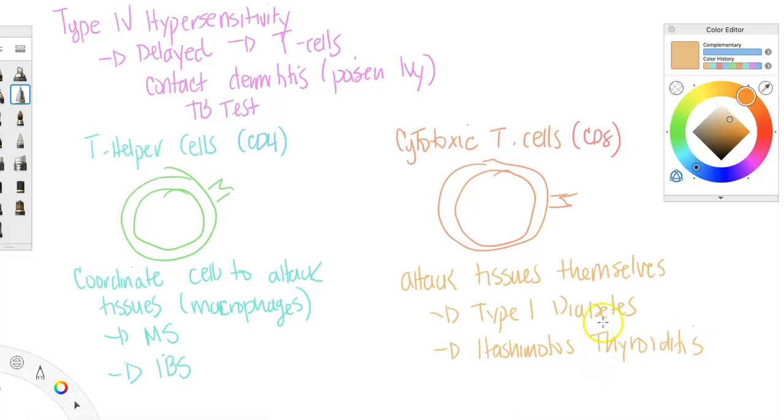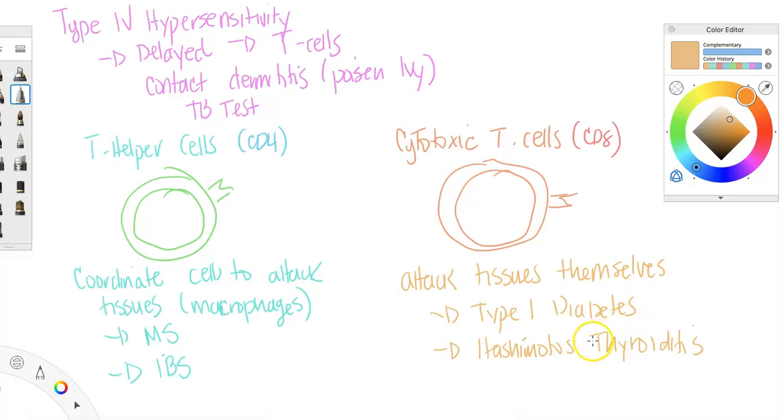Okay, so you've got a T cell. I mean, this is one of the theories that the body is destroying those beta cells, and that results in type 1 diabetes. And then Hashimoto's, it's attacking the tissues of the thyroid gland.